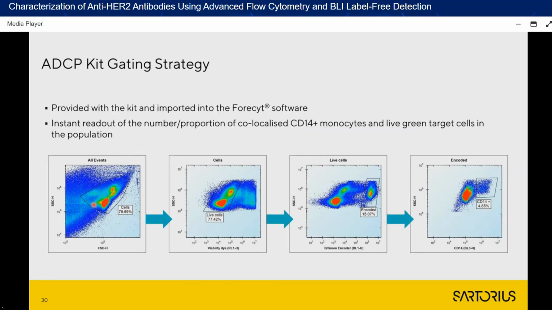So we gate for obviously the entire cell population, and then unique to this kit compared to some of our other kits, we don't include a singlet gate so that we can ensure that we capture those co-localization events. Then we'll gate for the live cell population, and then within that we'll gate for our encoded targets, and then within that we'll gate as well for the CD14 positive phagocytic cells, so that we've got a measure of those co-localized targets and effectors.